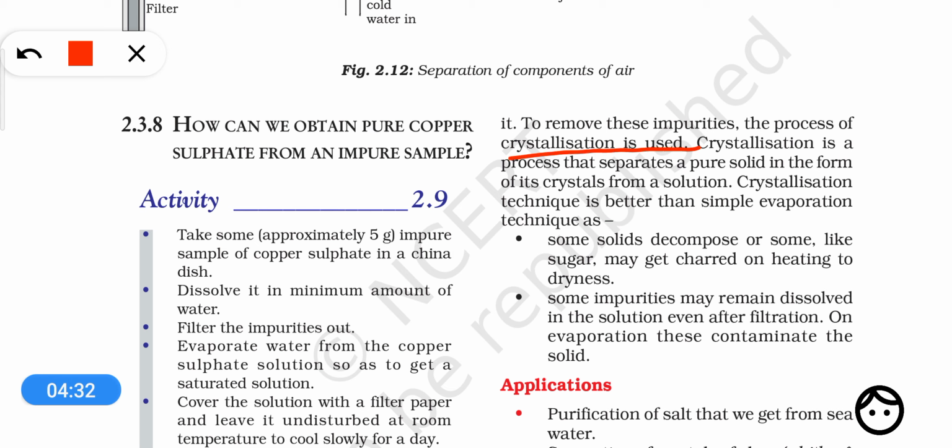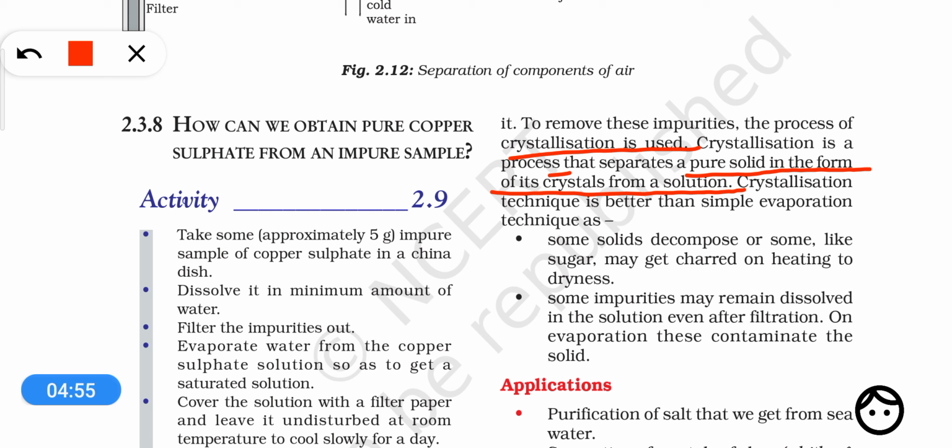So after heating it, we know that water will get evaporated. After some time we will cover the solution with a filter paper and leave it undisturbed at room temperature to cool slowly for a day. You will obtain crystals of copper sulfate in the china dish.